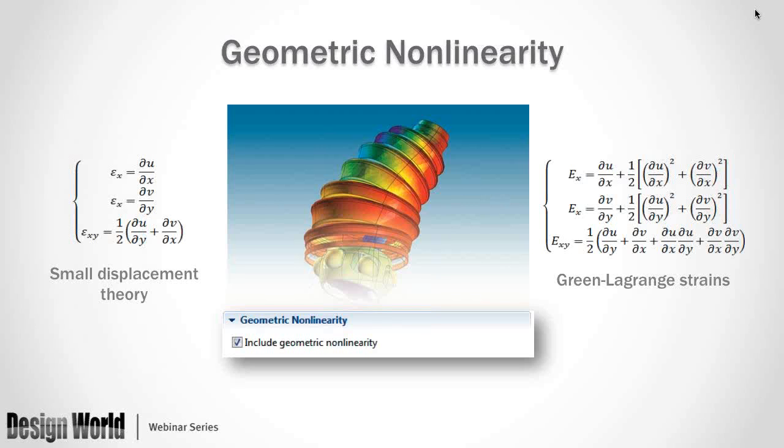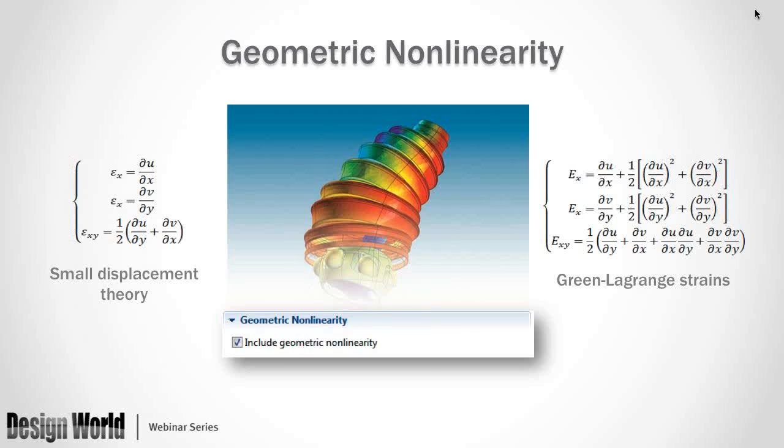When you're talking about small displacements on the order of 1%, maybe less than that, you can have this small displacement theory, which is over on the left-hand side. The main thing to notice is that these epsilons are in a linear relationship with the derivatives of the displacements. Those u, v, and w, or the u and v, those are the displacements, in this case for 2D. So you get an idea of how that small displacement theory works.